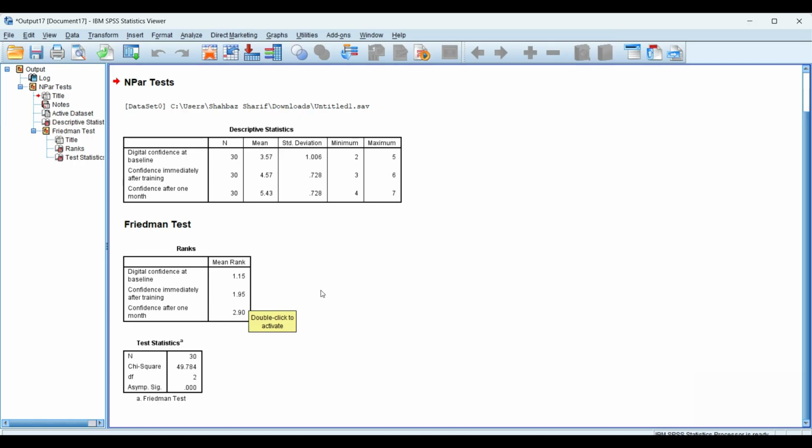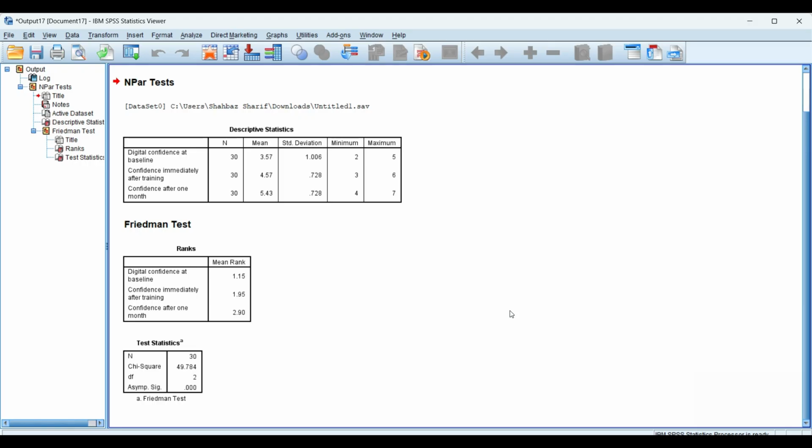So the mean ranks follow the same pattern. This indicates that confidence was lowest at baseline and highest after 1 month. So it means it is increasing significantly.